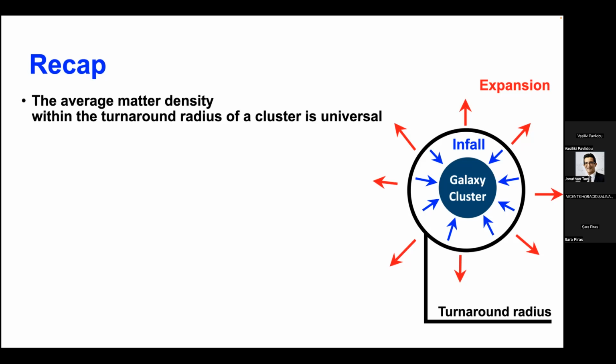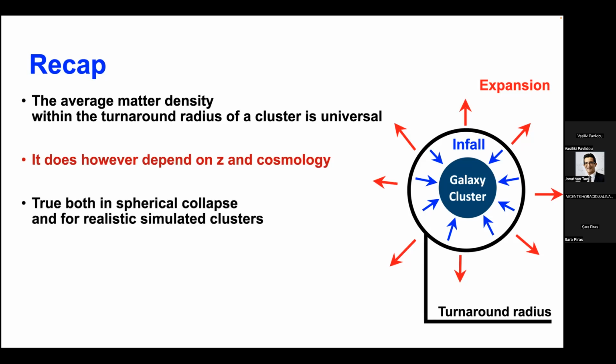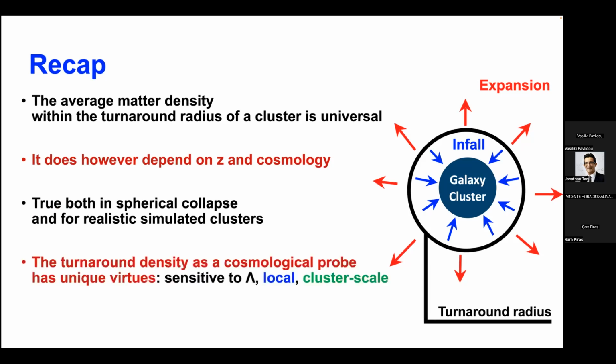You look at them at the turnaround radius, and if you add up all the matter inside, you get a value for the average density. It does depend on redshift and cosmology. This is why it's useful for probing cosmology. And this holds true, the statements that I just made, both for spherical collapse and in realistic simulated clusters.